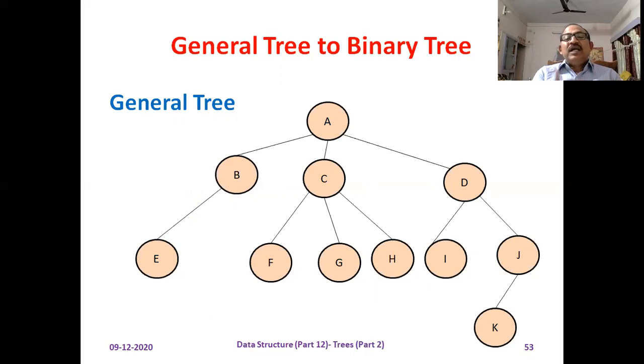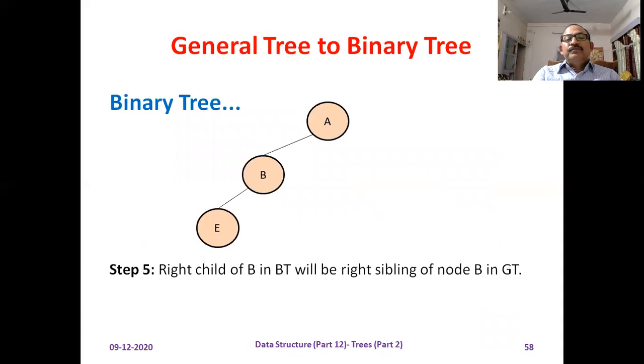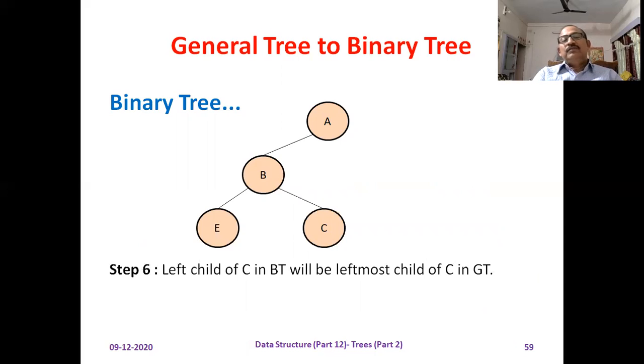You can say C and D and B have the same parent A. Therefore, C is a sibling of B, right sibling of B. Now this C will become the right child of B in the binary tree. You can see. Now C becomes the right child of B.